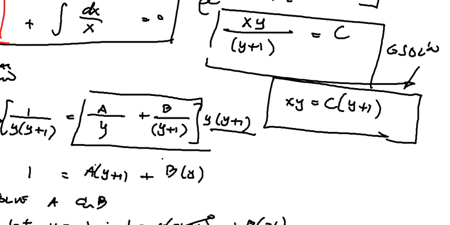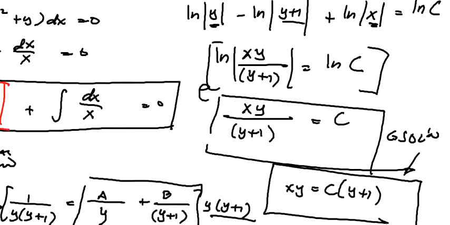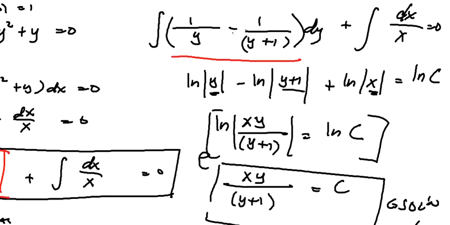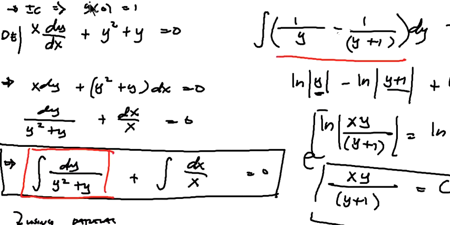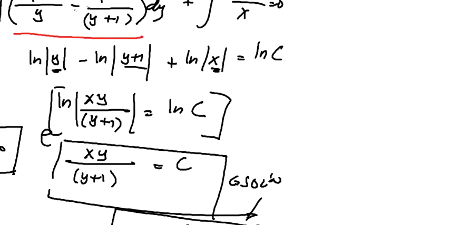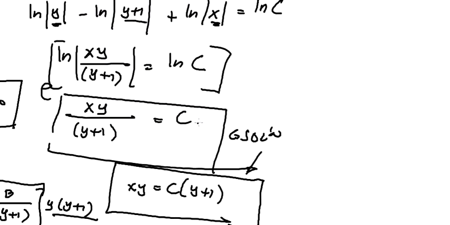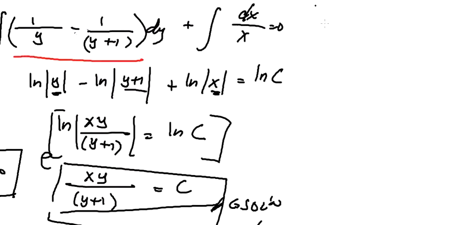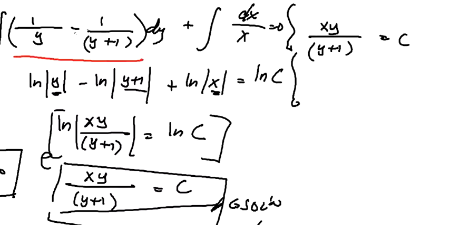Since we have an initial condition, y(0) = 1, we need to use it in order to get our particular solution. Let's use this first as our general solution: xy/(y + 1) = c.